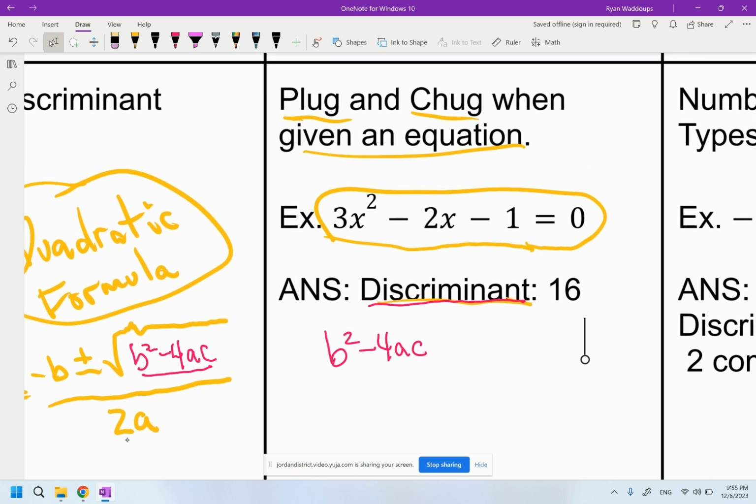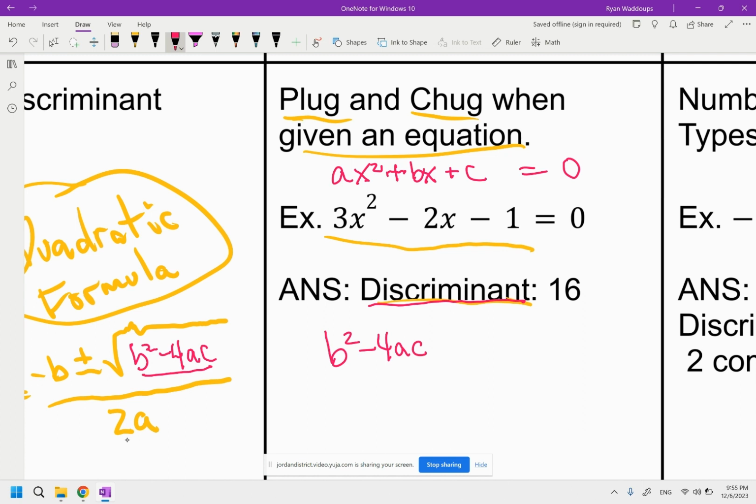Well, remember, the standard form of a quadratic equation is ax squared plus bx plus c is equal to 0.